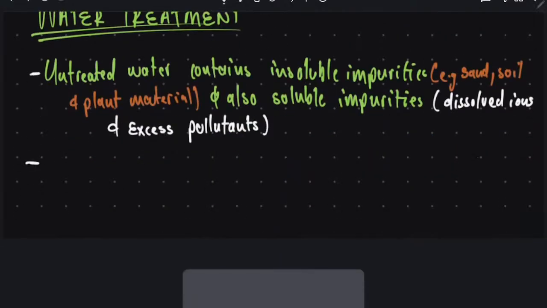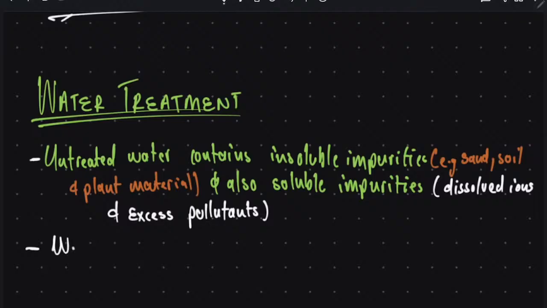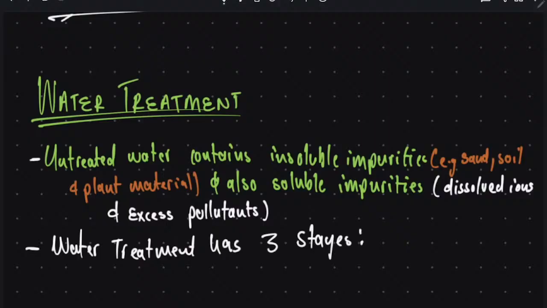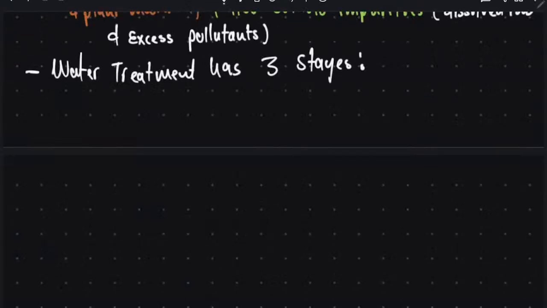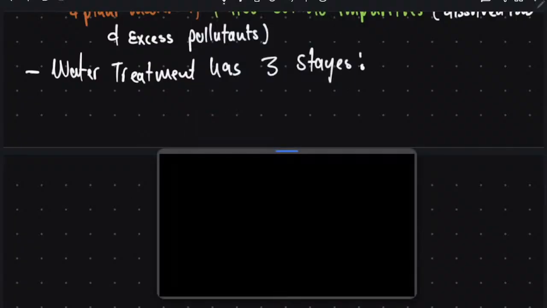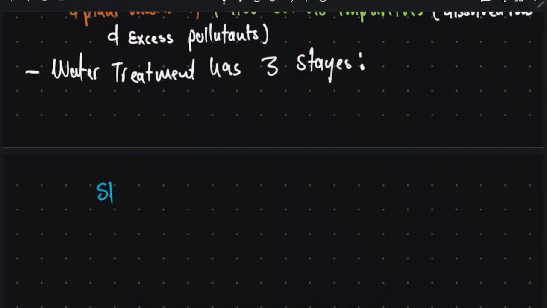Now, water treatment has 3 stages. The first stage of water treatment is called sedimentation and filtration.